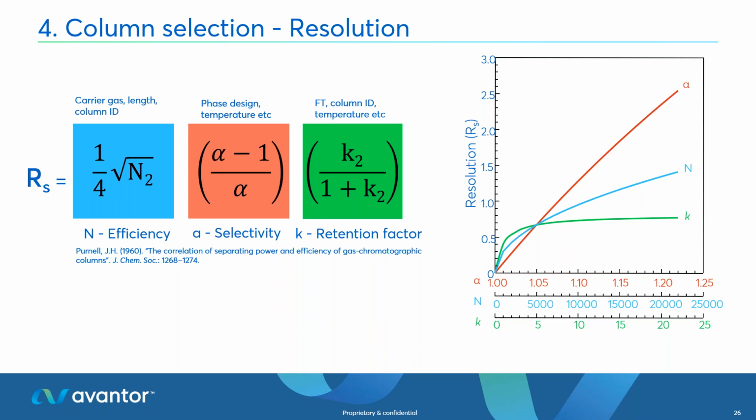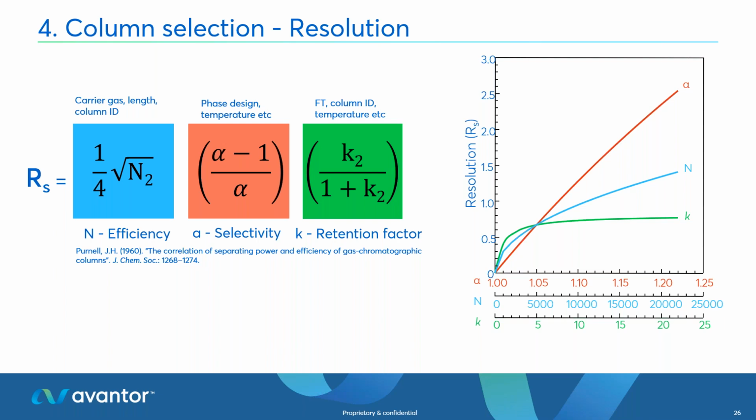When we have a retention factor between 2 and 10, these are the values that we're looking for, and then we can start to improve the retention based on these values. An unretained compound has a retention factor of 0, and less than 2, there may be a little bit of separation, but you might just see a hump and not really a peak at all that you can use.